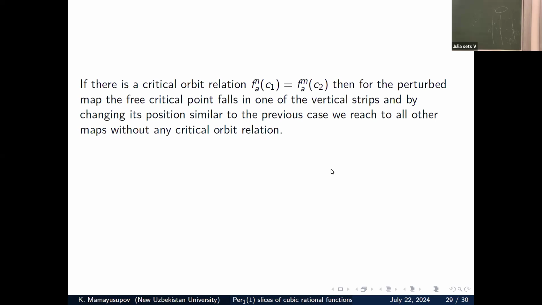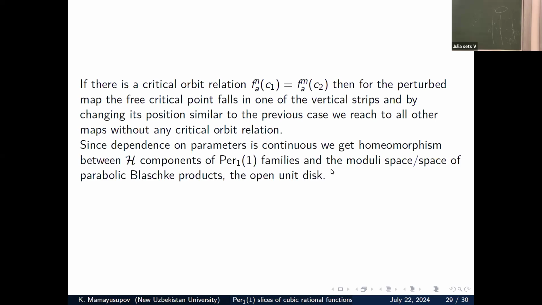Or you can do it like this. For the Beltrami equation, you have continuous dependence on parameters, yeah? So here you continuously change, and here you continuously change. So this gives you a correspondence, or the map.